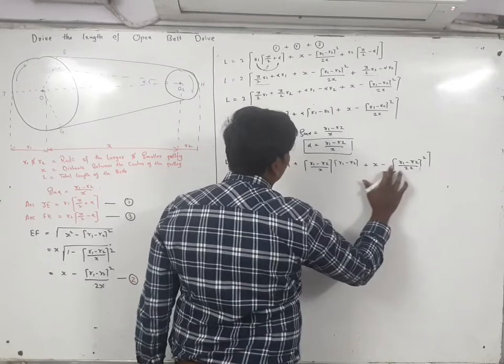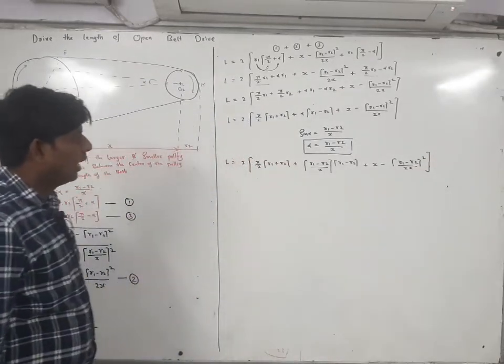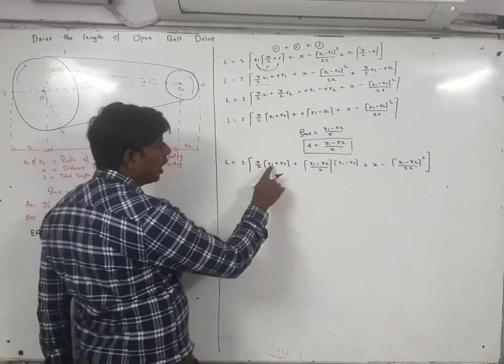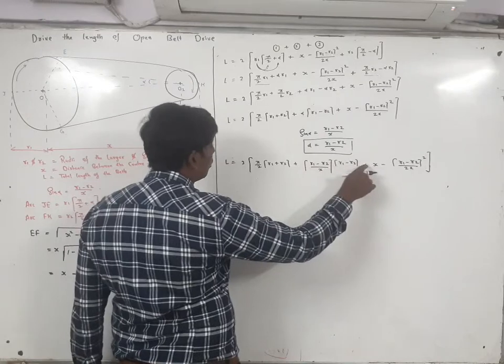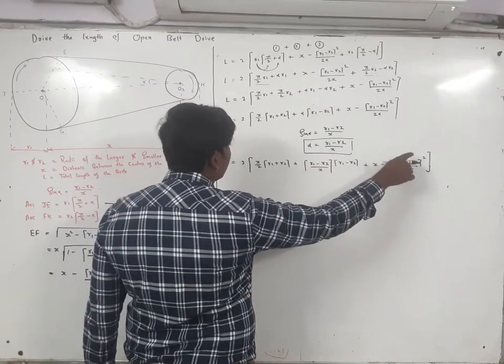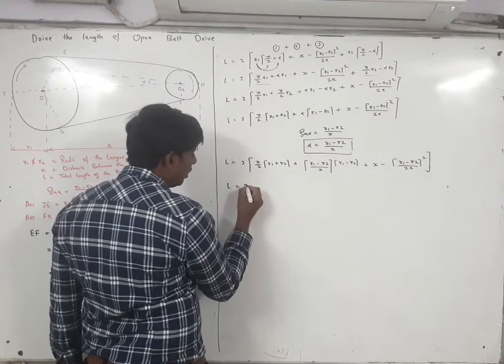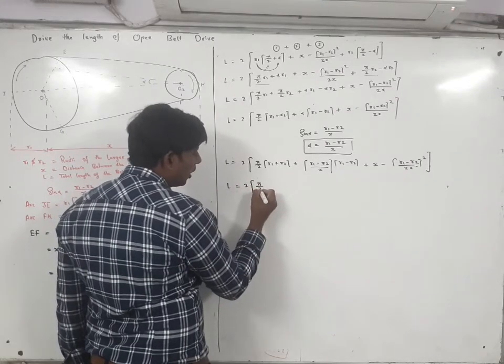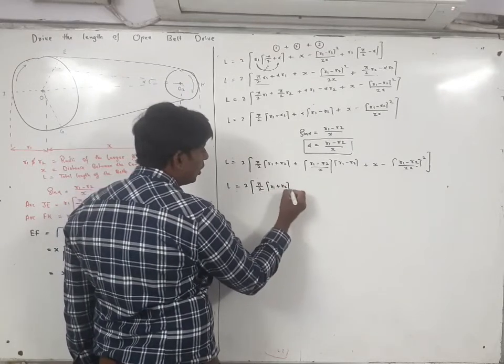Okay, now here till here square is there. L is equal to pi by 2 [R1 plus R2 plus (R1 minus R2) x by (R1 minus R2) plus x minus (R1 minus R2) whole square by 2x]. Next step, L write down as it is, 2 write down as it is, pi by 2 also write down as it is, R1 plus R2 also write down as it is.